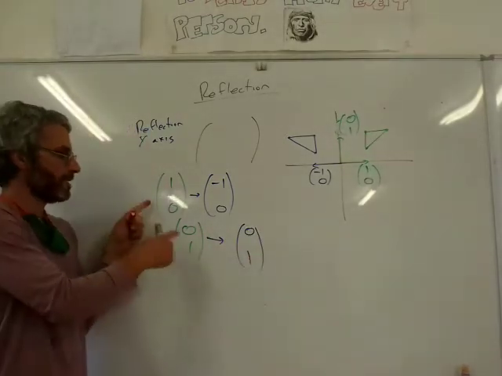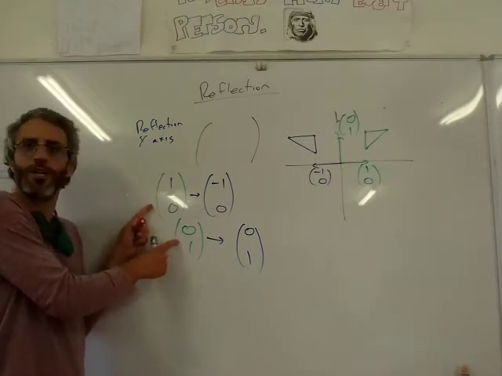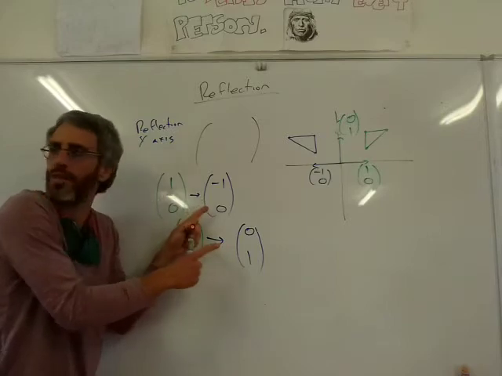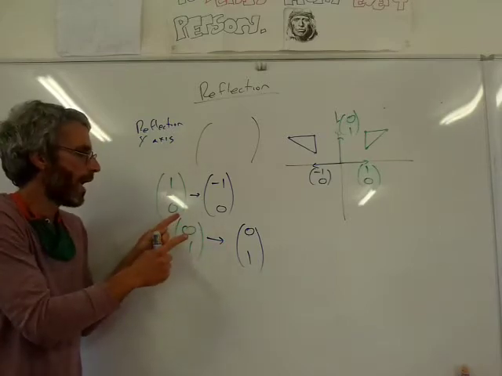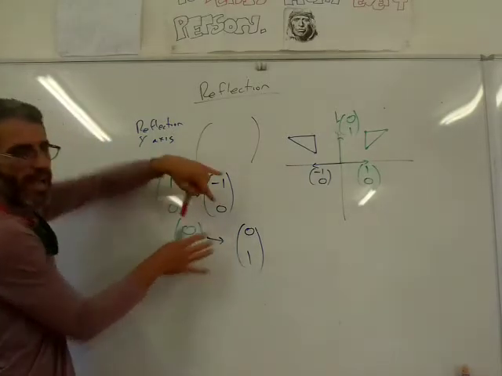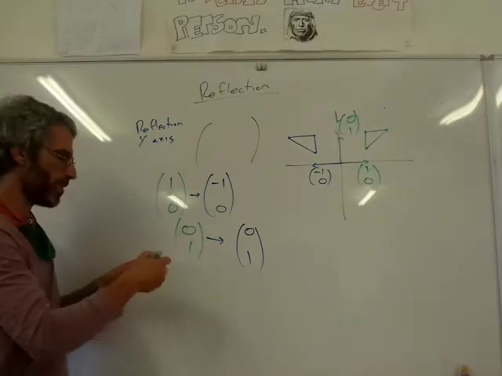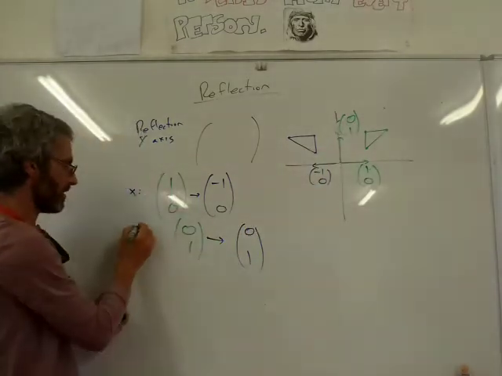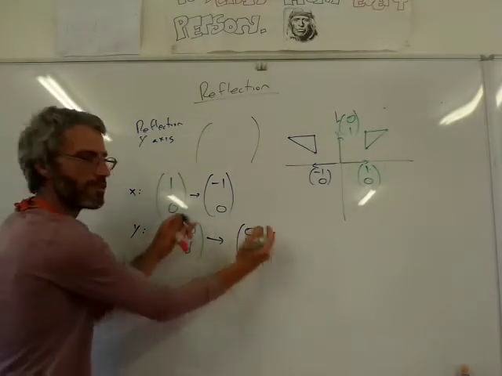Now I've written the original one in green and the new one in blue, because we're going to use those blue ones now to write the matrix. And if you can see, I wrote it staggered. I start with the one based on the x-axis, then I move to the one on the y, and I staggered them.